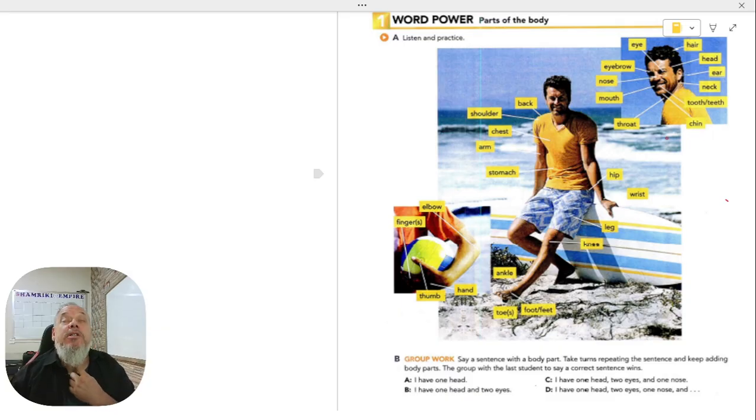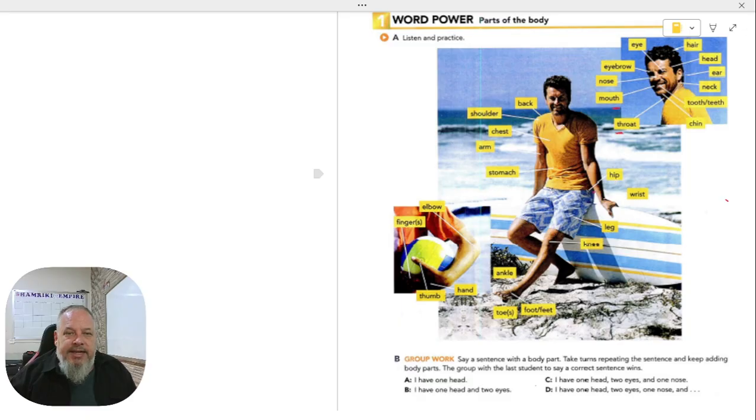Throat is this part, but you have to pay attention to the TH. The throat and mouth, both of them with TH. So throat, mouth, nose, and this is your eyebrow here. Your eyebrow. Eyebrow, eyebrows. We have two.